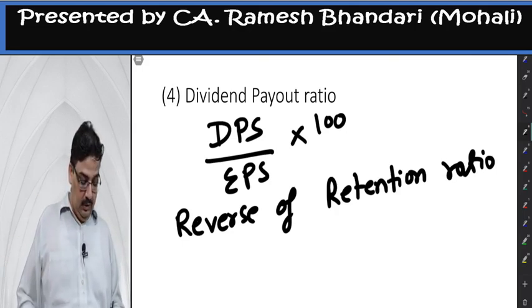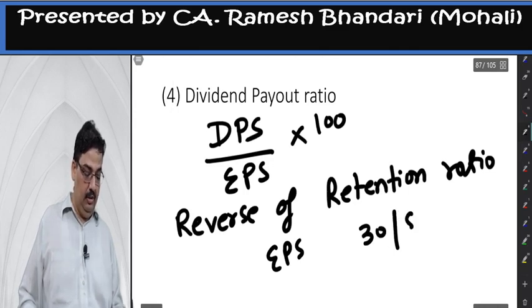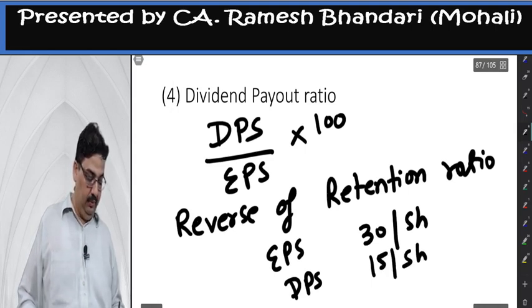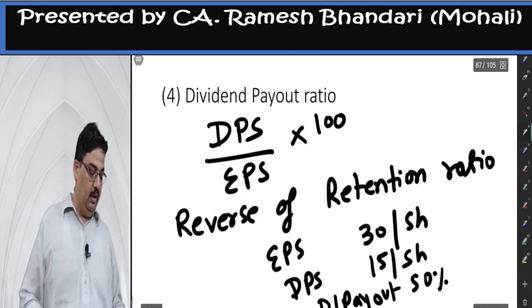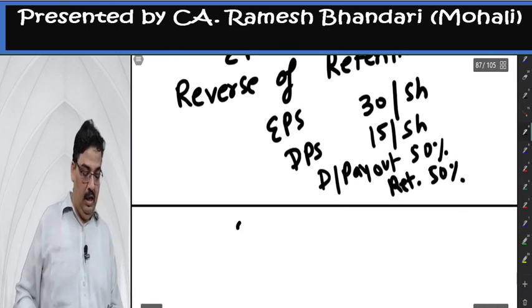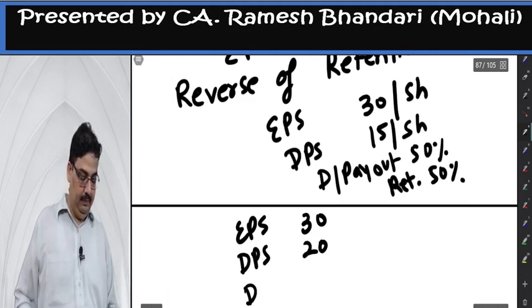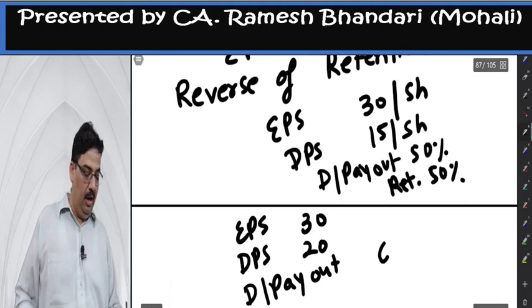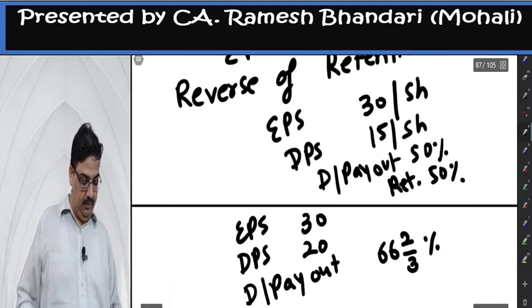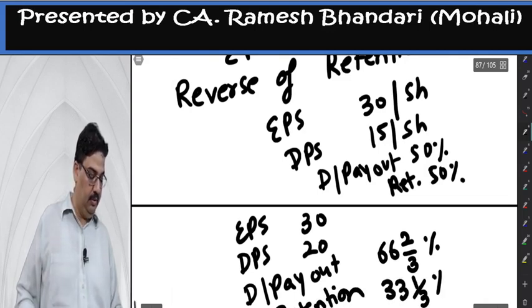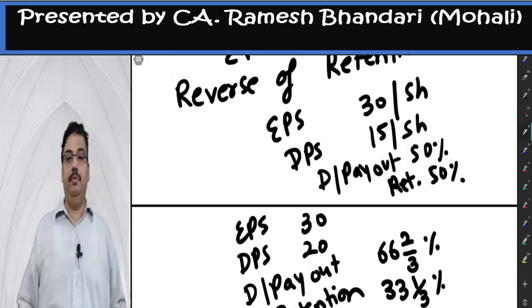If EPS is 30 per share, DPS 15 per share, then dividend payout 50%, retention 50%. If on EPS 30, DPS is 20, dividend payout 66 2 by 3%, retention 33 1 by 3%. So they are both interrelated ratios.